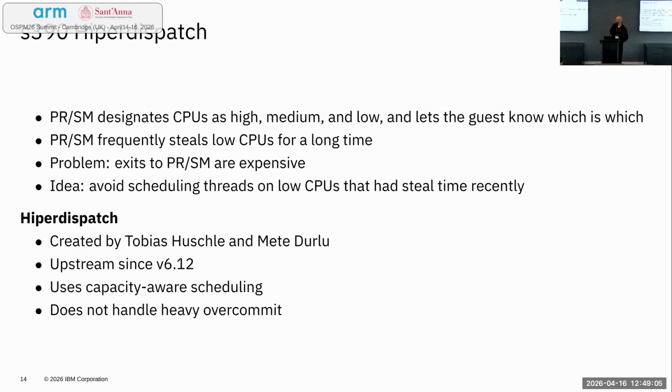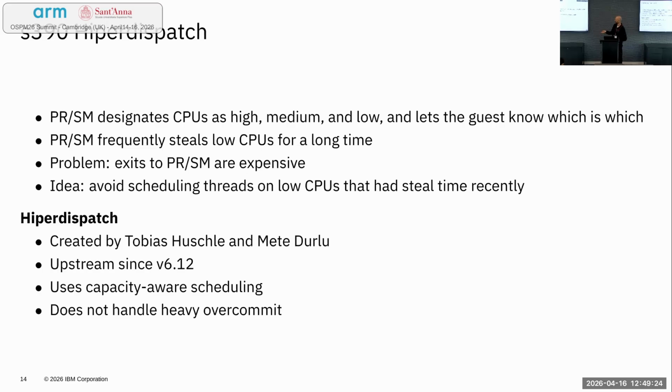Of course, if that happens and the CPU holds a spin lock, that's a catastrophe, a huge lock contention. But also the problem is that if PR/SM steals something, the exit from guest to PR/SM is quite expensive.